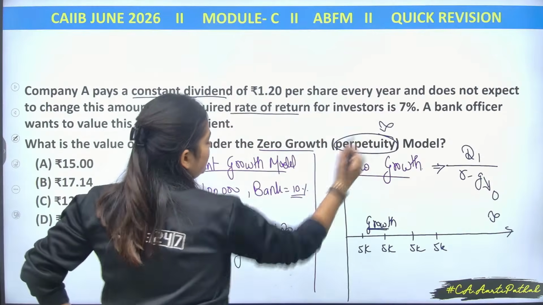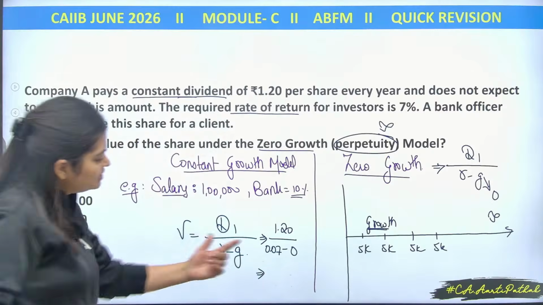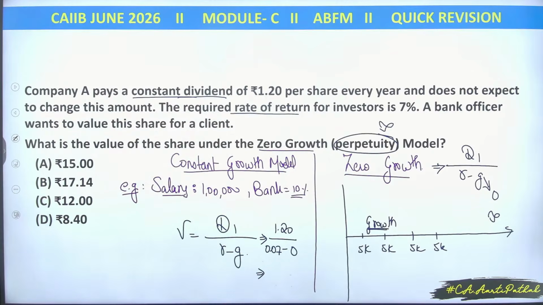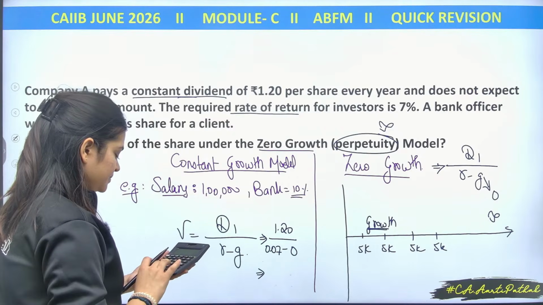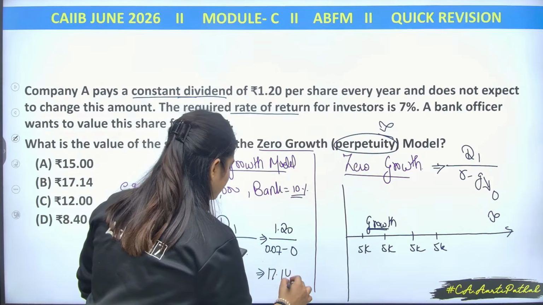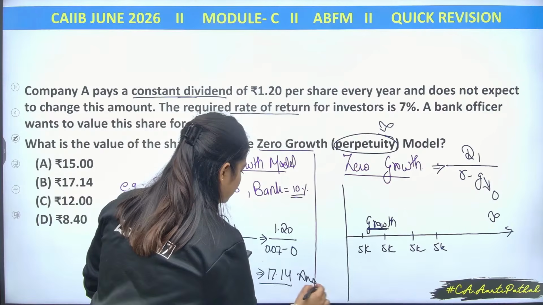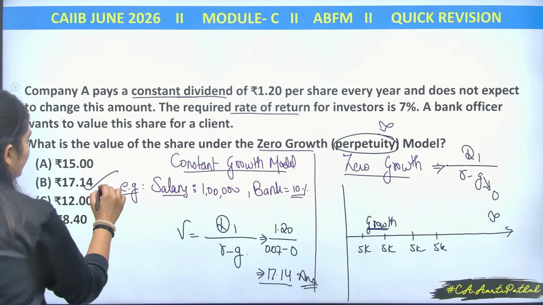Rate of return is 7%, so 0.07. With this formula also you can solve it. So that is 1.2 divided by 0.07, that is 17.14. So the right answer is answer B. That is 17.14.